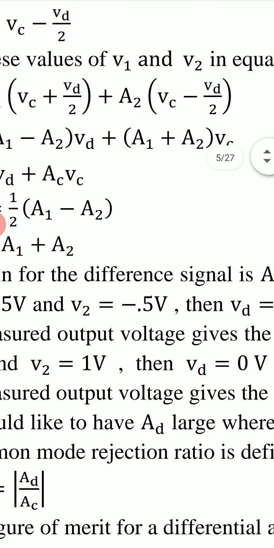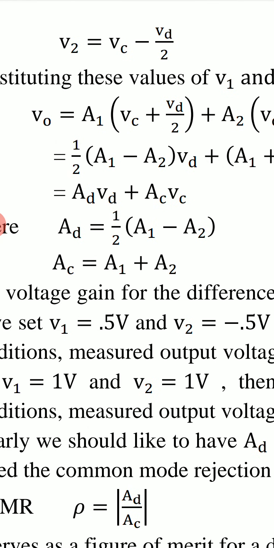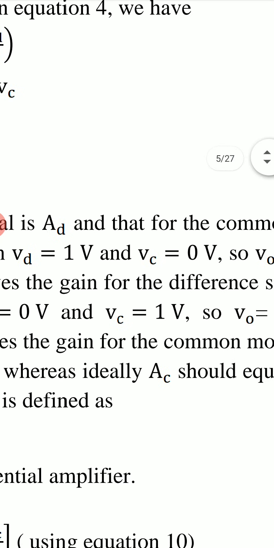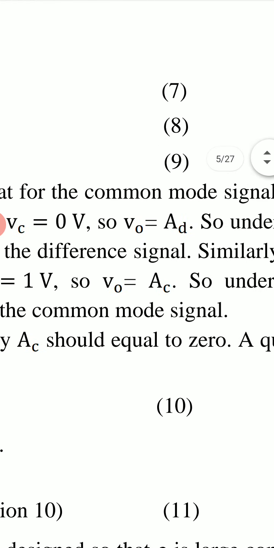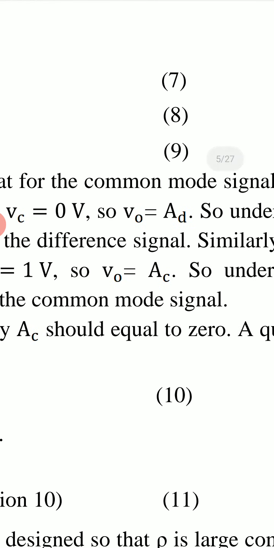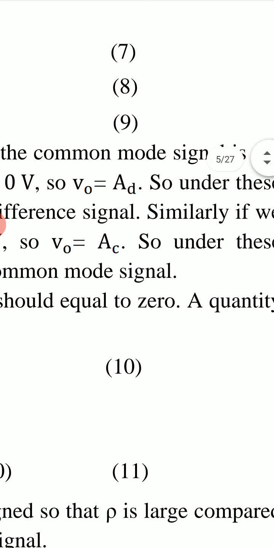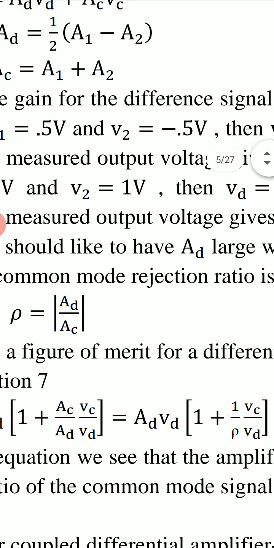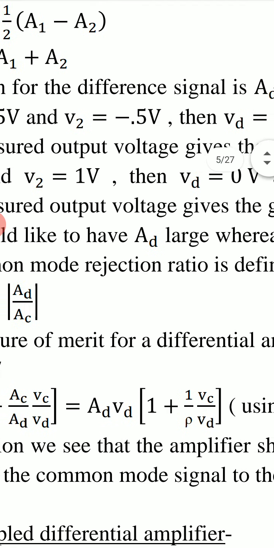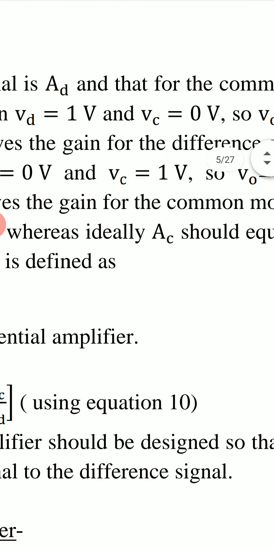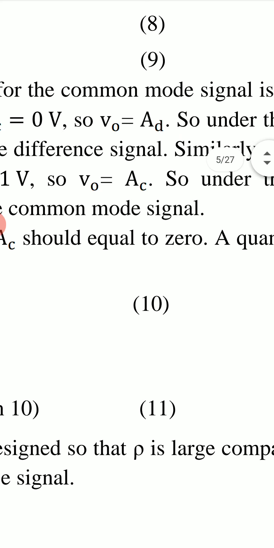Then from equation 7, Vo equal to AdVd plus AcVc, we get Vo equal to Ac, that is output voltage obtained is equal to voltage gain for common mode signal. So under these conditions, measured output voltage gives the gain for the common mode signal.